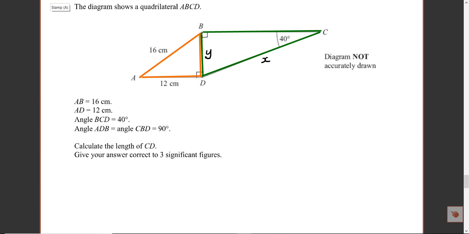Okay, so the problem with this left-hand side is there's no angle. So if there's no angle, what can't we use? The topic is called? Trigonometry.